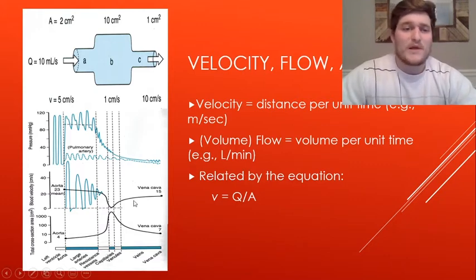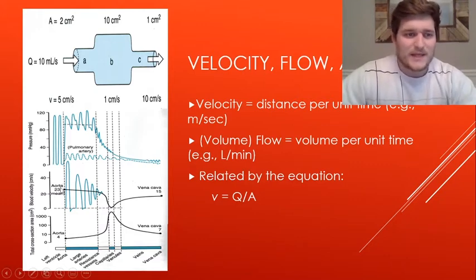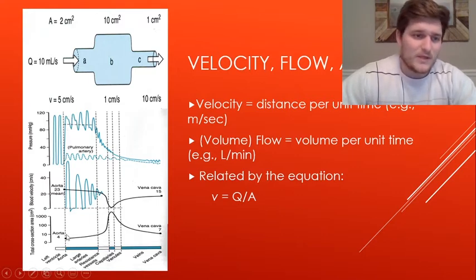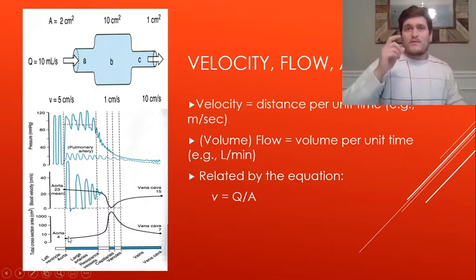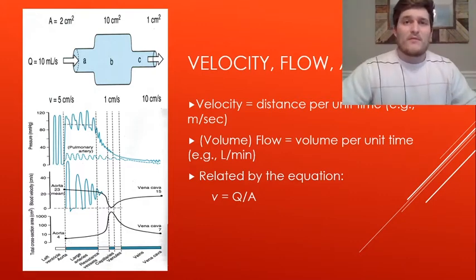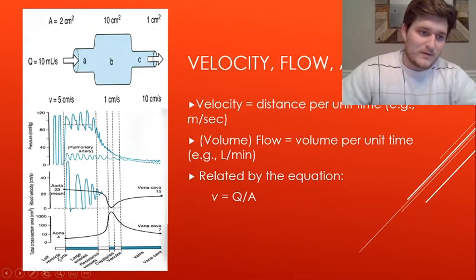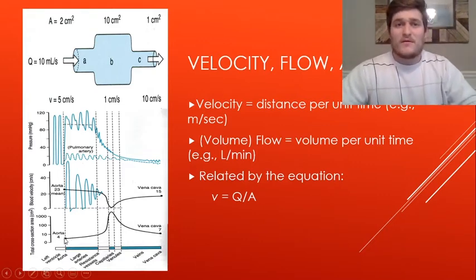When we look at blood velocity, we see that blood velocity is going to be highest in the aorta because blood flow is high, but also the cross-sectional area is the lowest. It is just one vessel that stems out from the left ventricle, so that total cross-sectional area is very low compared to the rest of the vessels.